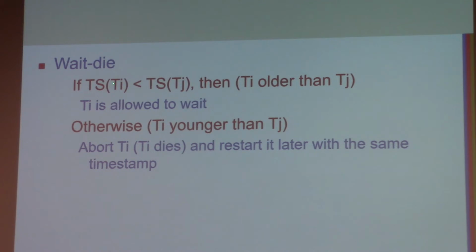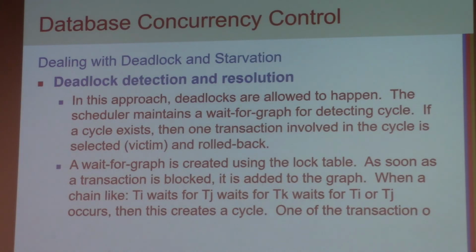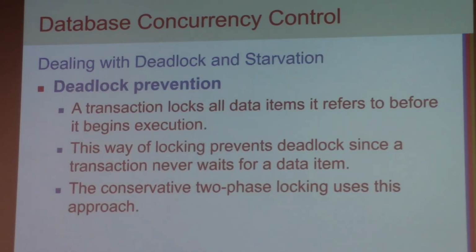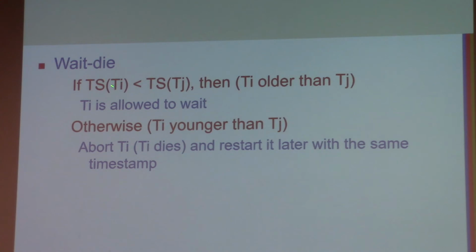Compare if the Ti, always the left-hand side, causes the conflict situation or the deadlock situation. For example, in this case, this one caused the problem at this time. That requires the data item held by T2. The left-hand side is the transaction that caused the conflict.